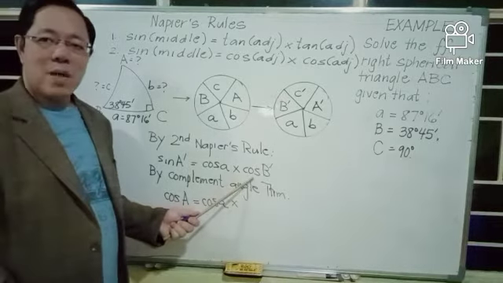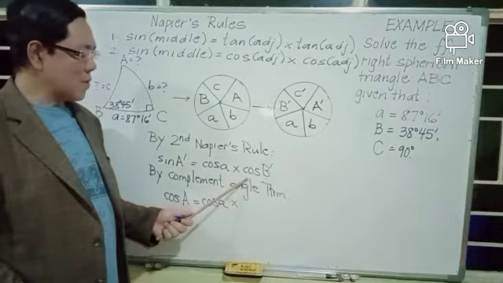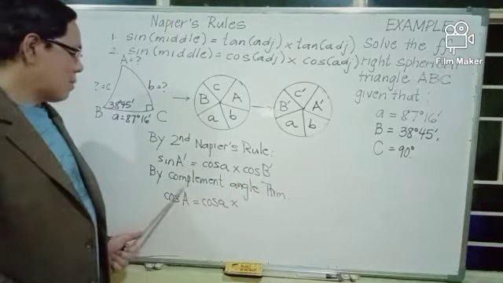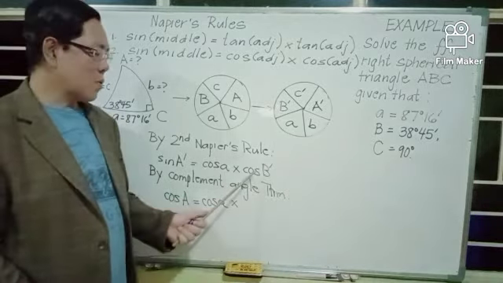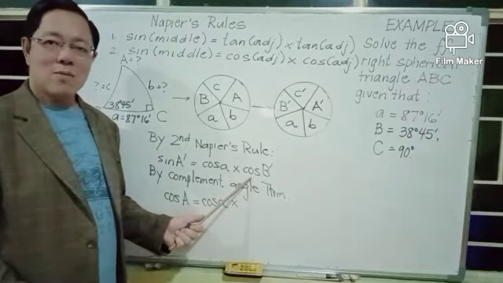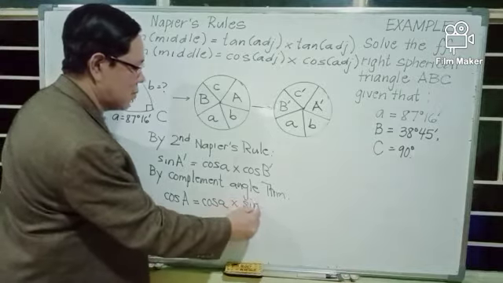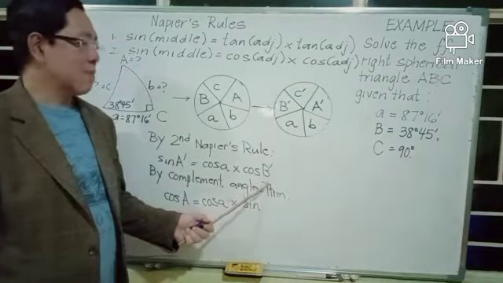We also apply the complement angle theorem to cosine of B prime. Cosine of B prime by complement angle theorem is equal to the cofunction of cosine, which is sine, of the complement of B prime.